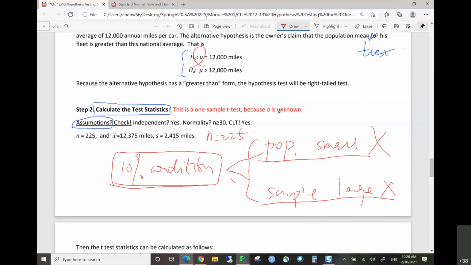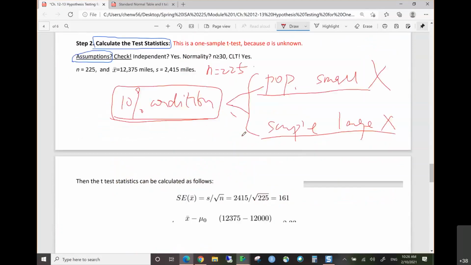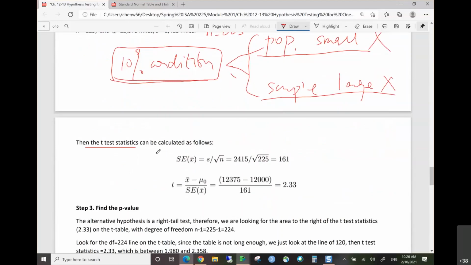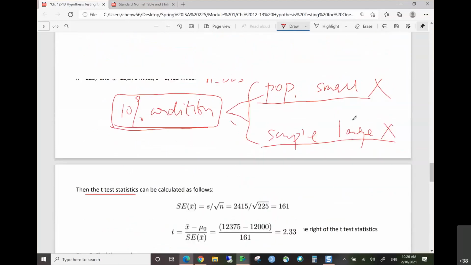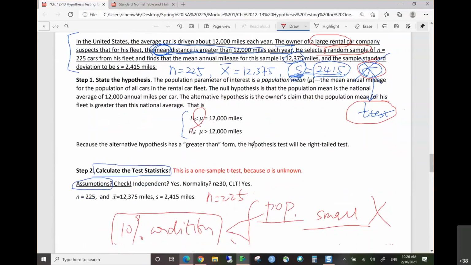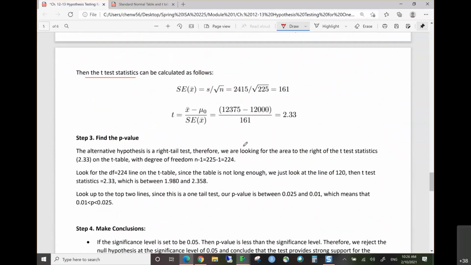After checking the assumptions, we calculate the test statistic. Remember, we already figured out the population standard deviation is not given, so we use the t-test statistic. The formula is t equals x bar minus mu 0 over s over square root of n.